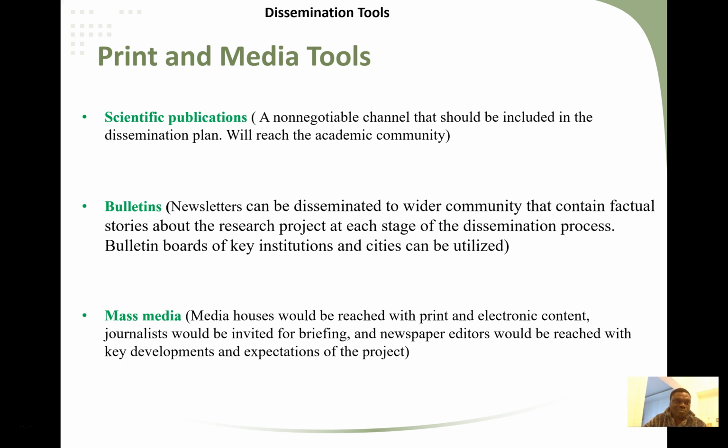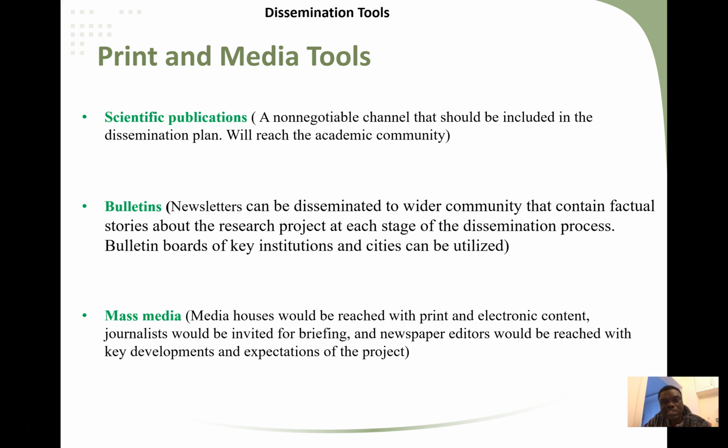We would also use tools like print media and scientific publications. Like I was saying, these media tools may not be used at each phase of the dissemination, but we can use them. We can select different media depending on the target audience that we want to meet, or depending on the dissemination channel as well.